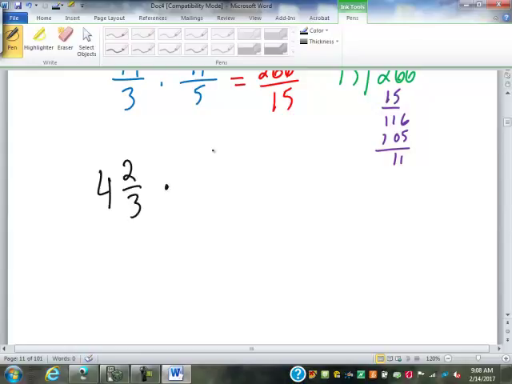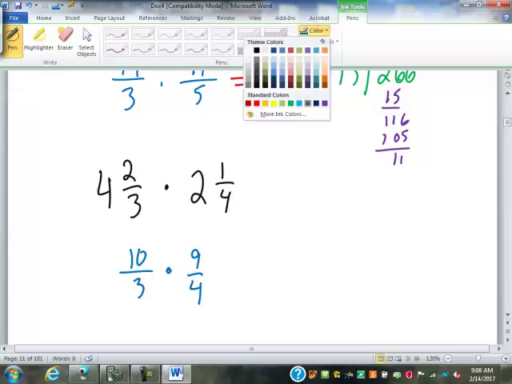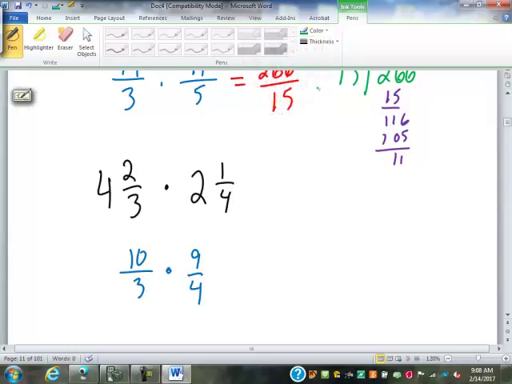So let's do one like 4 2/3 times 2 1/4. Tell me what to do. So 10/3 times 9/4. Okay. And then 3 and 9 cross cancel, both divide by 3, giving me a 1 and 3. 3 divided by 3 is 1, 9 divided by 3 is 3.